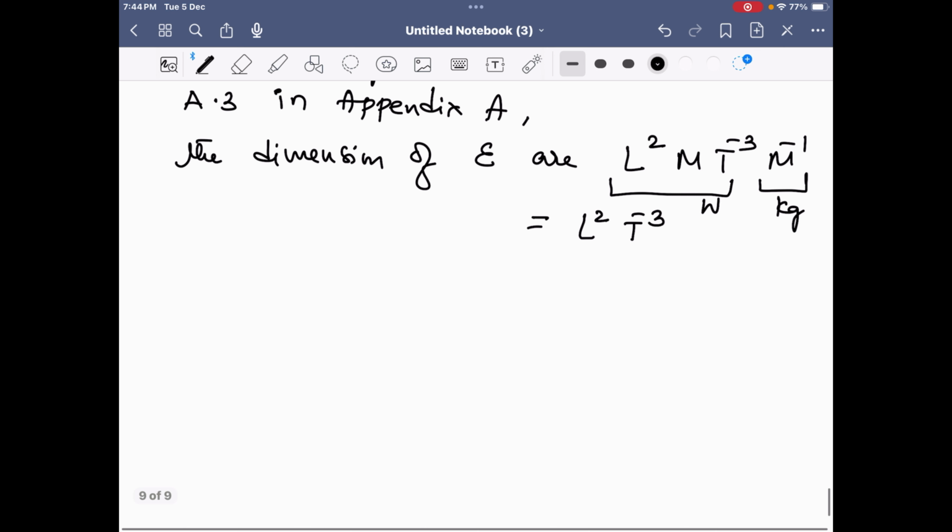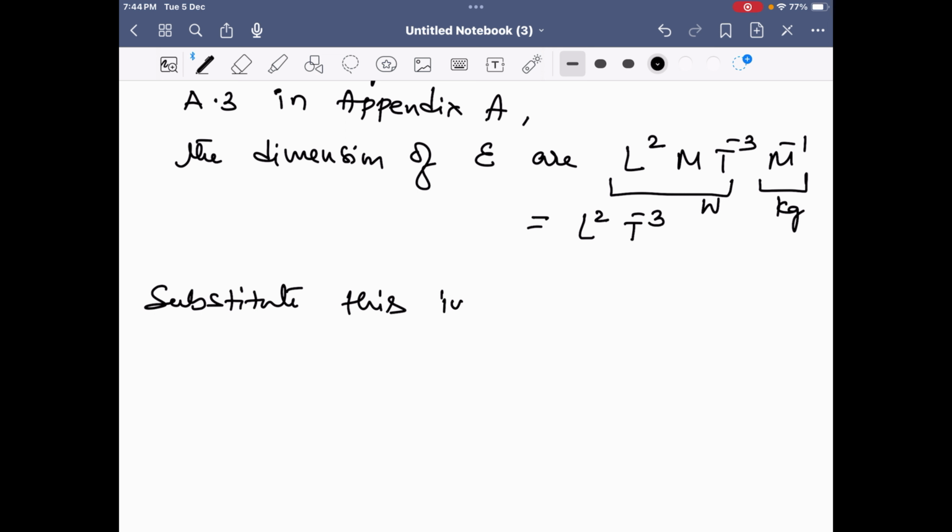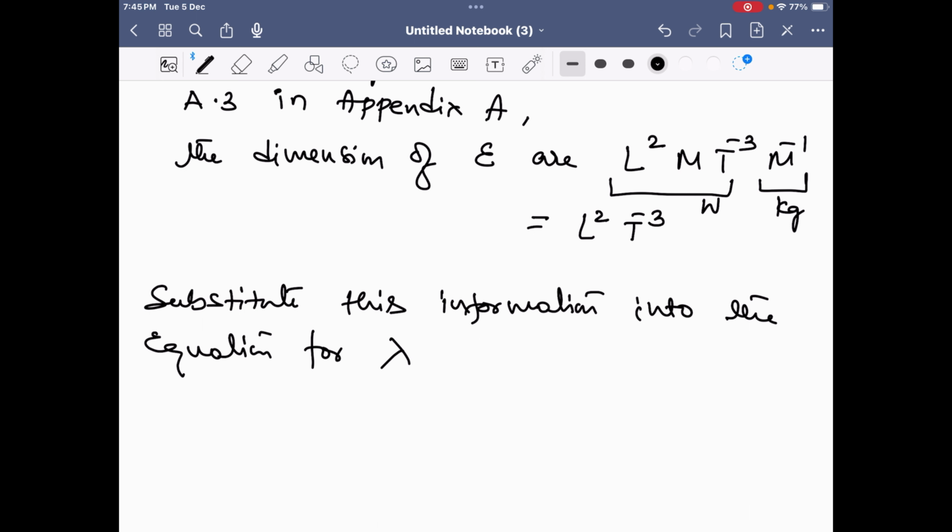So let us substitute this information into the equation for lambda for dimensional homogeneity.